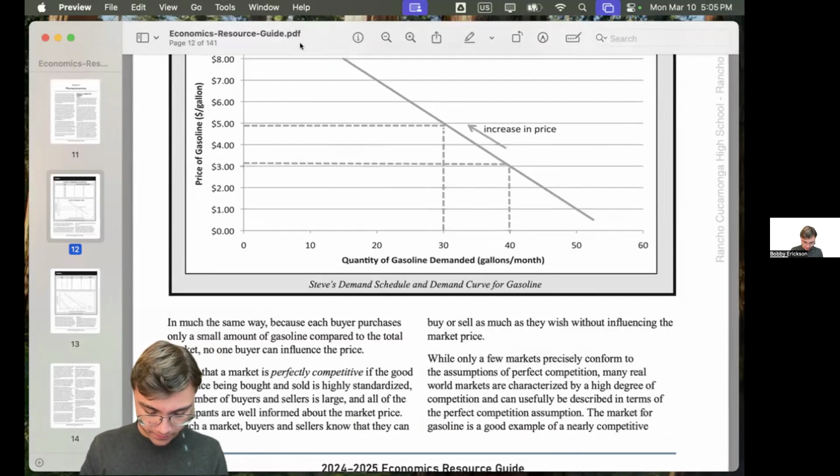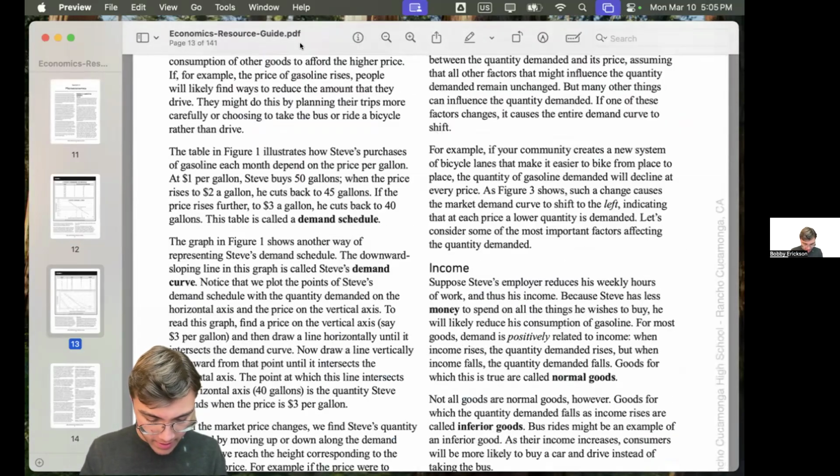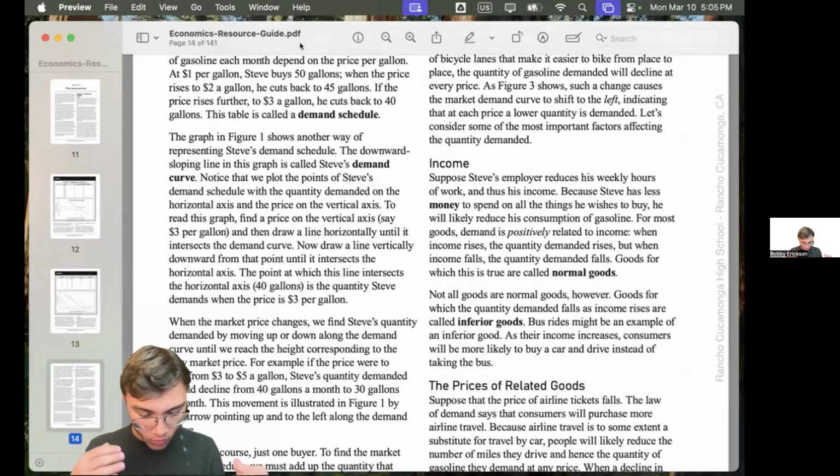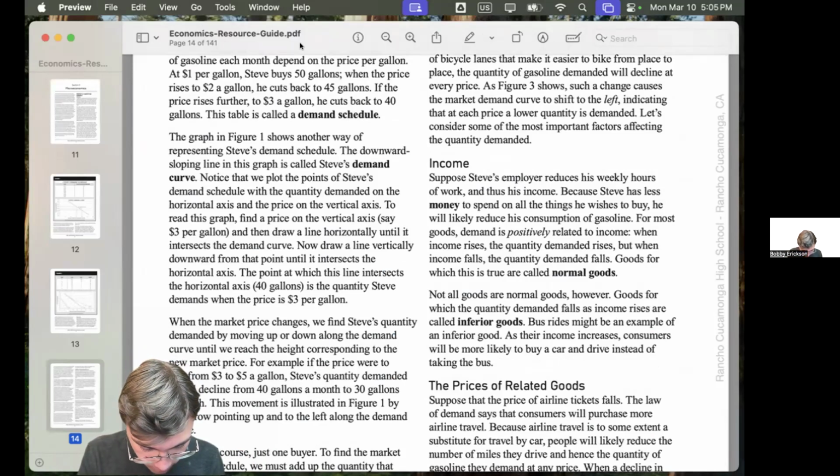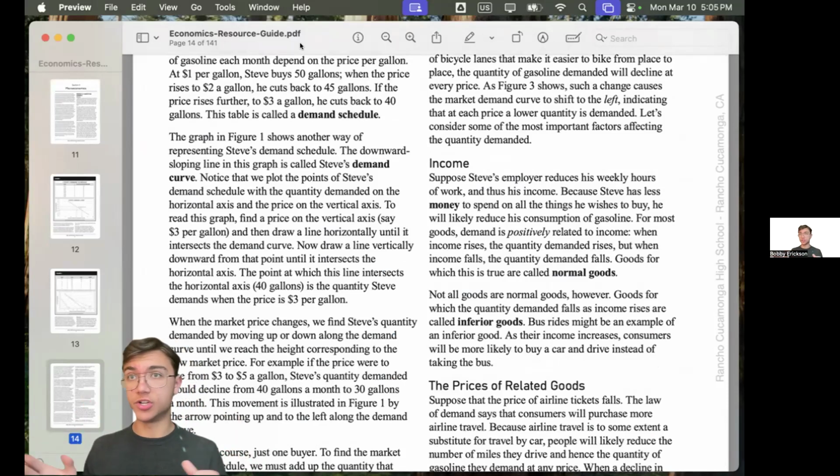Okay, so if we look at what is happening on the demand curve, we can see that as the price changes, the quantity changes as well.